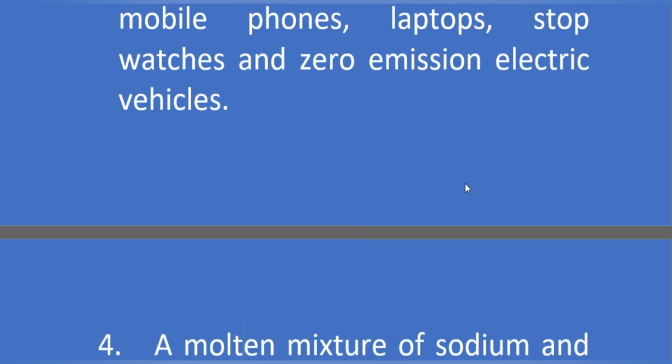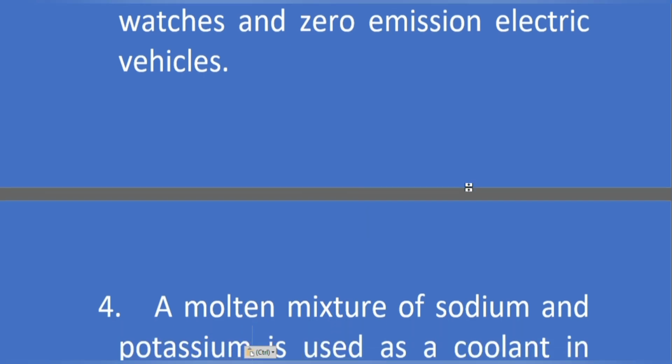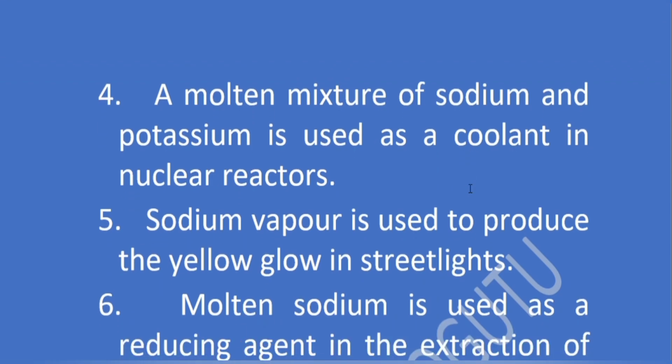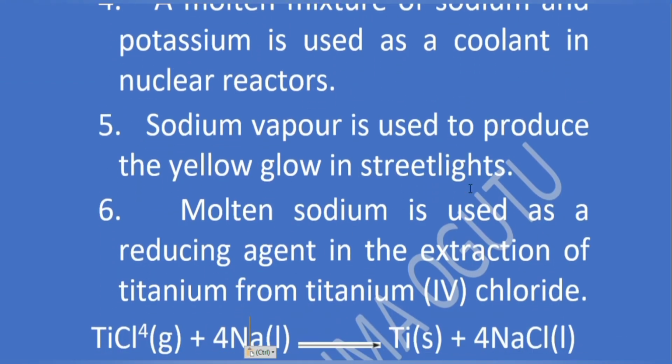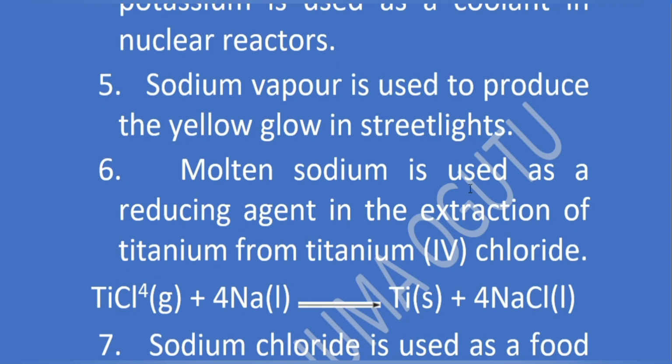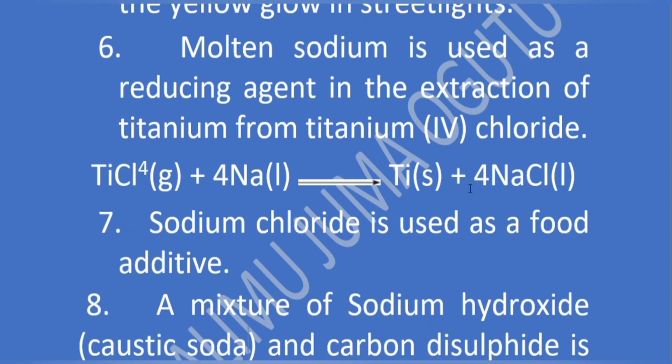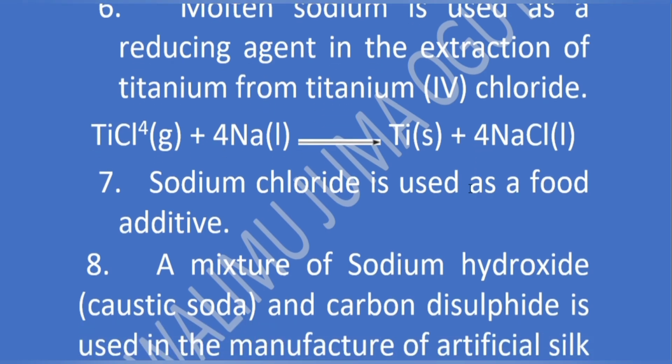Now the uses. Sodium is used in the manufacture of sodium cyanide for use in the extraction of gold. Lithium is used in the manufacture of special high-strength glasses and ceramics. Lithium compounds are used in the manufacture of dry cells for mobile phones, laptops, stopwatches, and zero-emission electric vehicles. A molten mixture of sodium and potassium is used as a coolant in nuclear reactors.